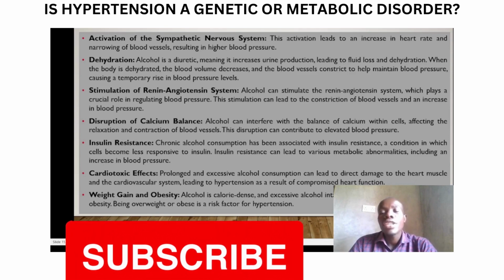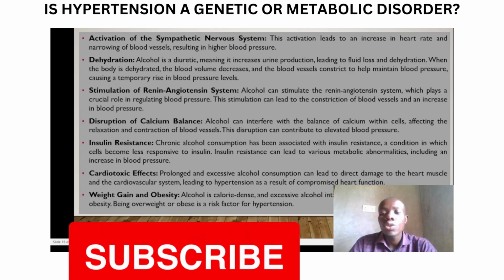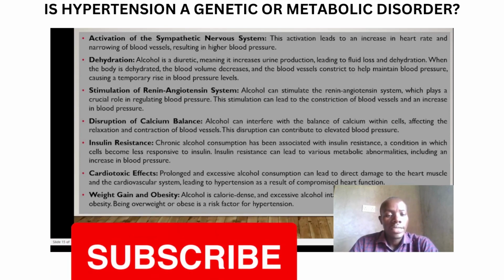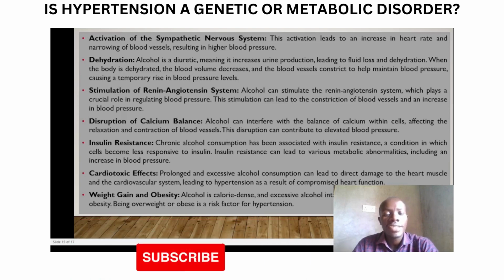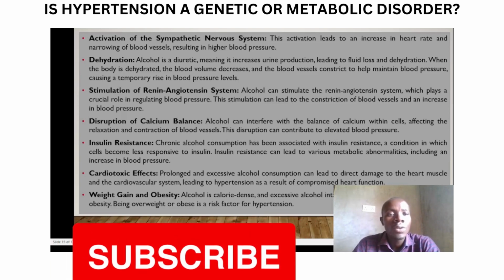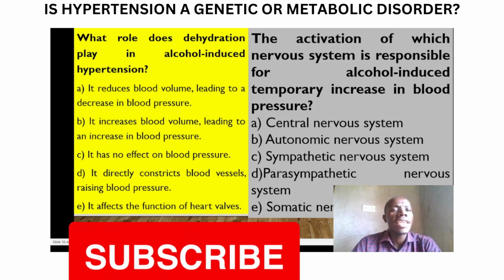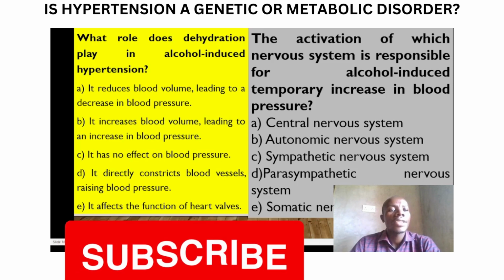Alcohol is calorie dense, so excessive alcohol intake can contribute to weight gain and obesity. Being overweight, we have already said, predisposes you to various dangers like insulin resistance, which again is going to result in hypertension. So what role does dehydration play in alcohol-induced hypertension?